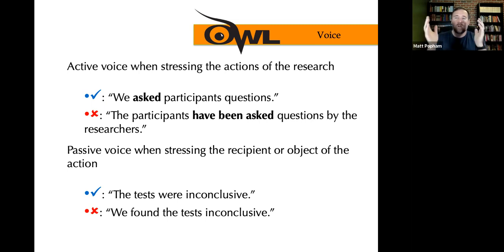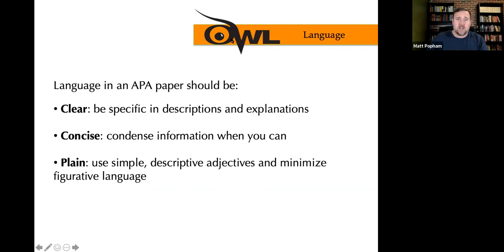APA wants you to use a simple, concise, and straightforward writing style, using as few words as you possibly can. The next slide talks about that, and that goes back to what I was talking about before. You don't have to worry about being super creative when it comes to writing in APA.